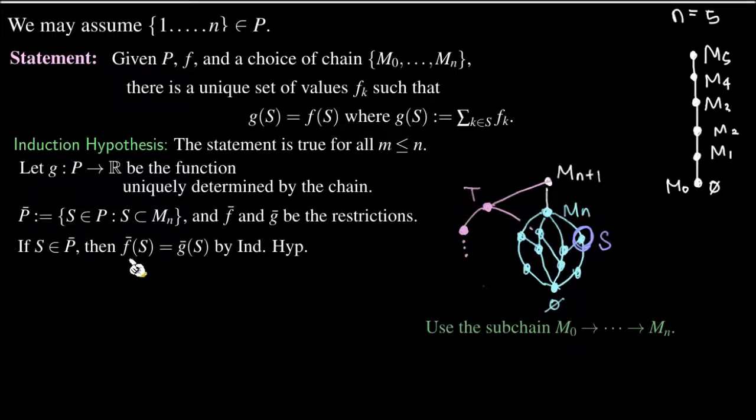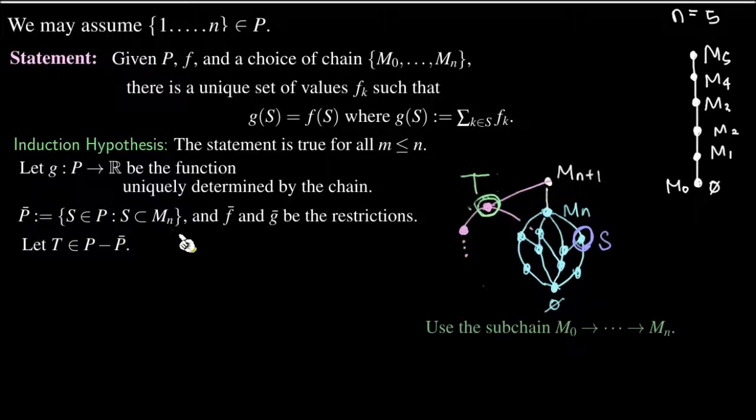So F bar and G bar have the same value because of the induction hypothesis, when S is coming from that subcollection we're looking at. But this is a restriction, so it must be the same in the original function as well. So that's done. That's actually the magical part, that everything is shoved into this induction hypothesis, and we have to deal with a very simple case.